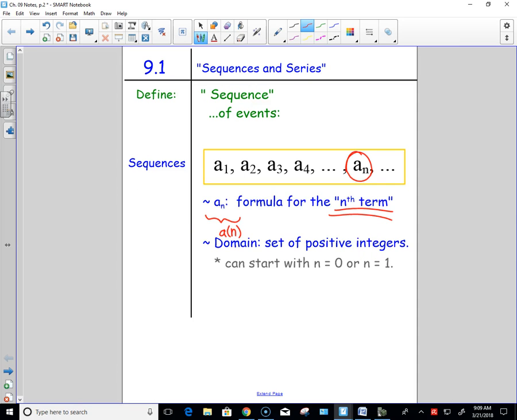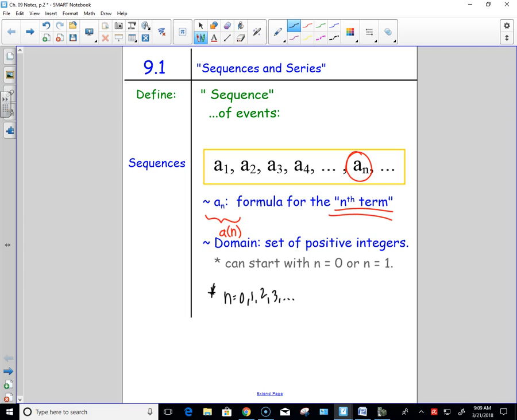If you don't remember what integers are, usually the positive and negative counting numbers, not fractions, not rationals or irrationals. The integers would be something like n equals... But this little note says n can start at 0 or 1, depending on the problem that you're given.